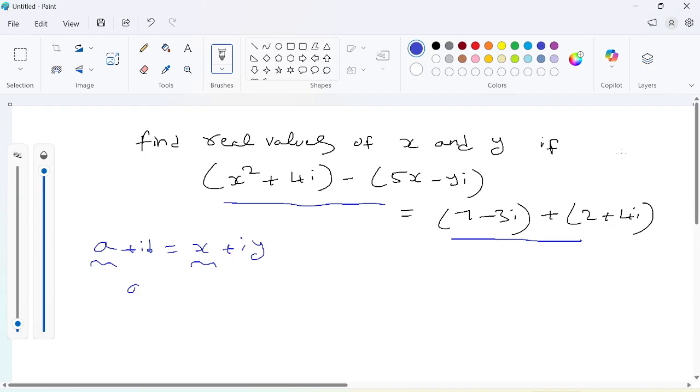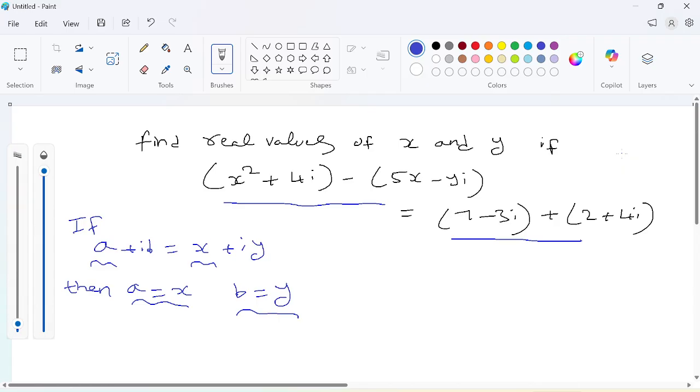That means a equals x. If a plus ib equals x plus iy, then a equals x and b equals y. That means I'm equating the real parts and the imaginary parts of the complex numbers, b equals y.